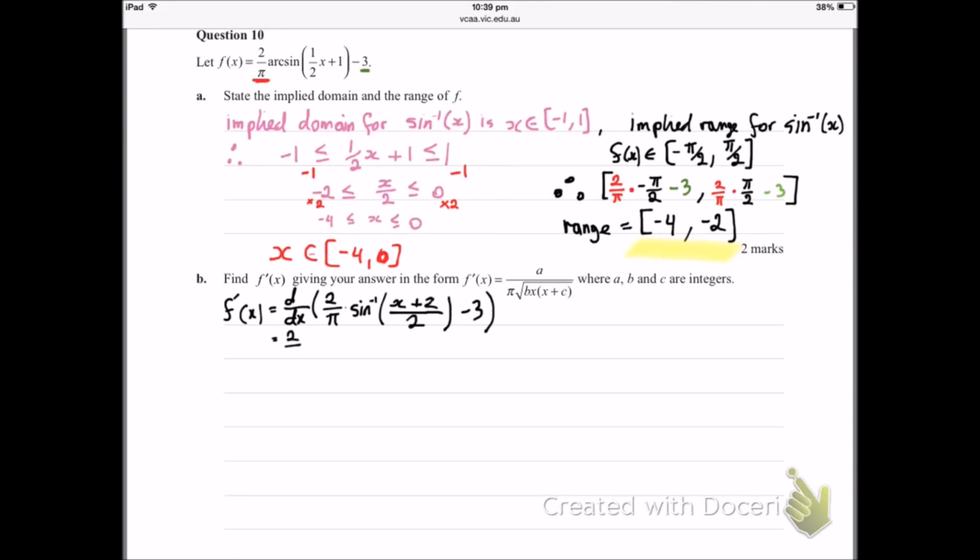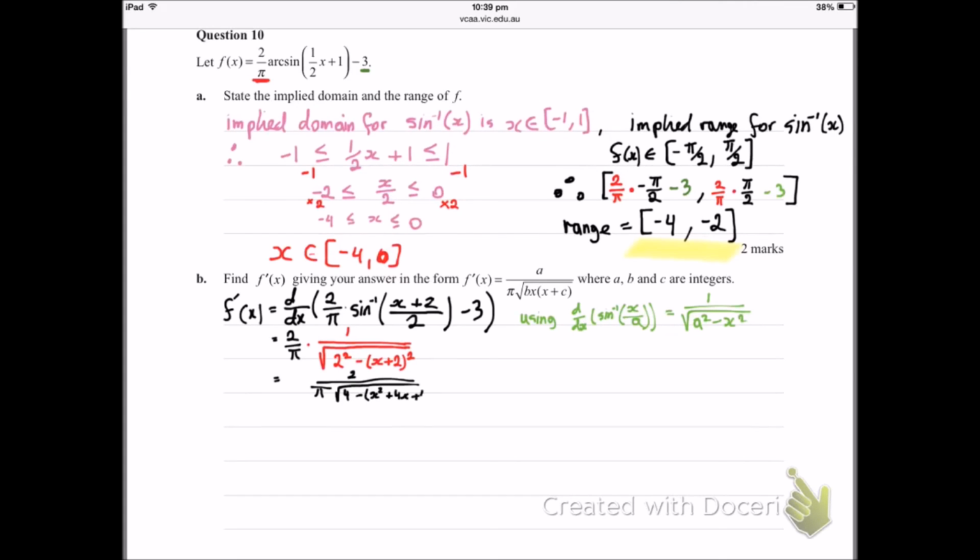I'm drawing on the rule for the derivative of the inverse sine, which comes from this rule on your formula sheet. That's your basic rule for the derivative of an inverse sine function. By substituting the parts in the right spot, I get the right rule.